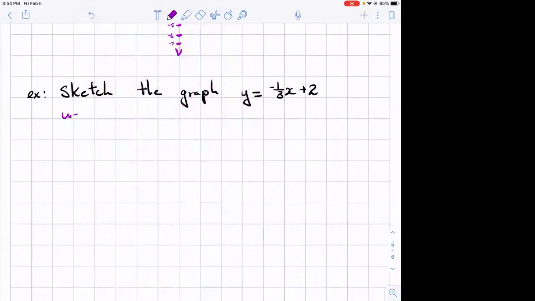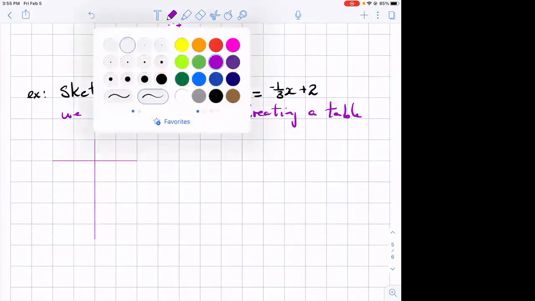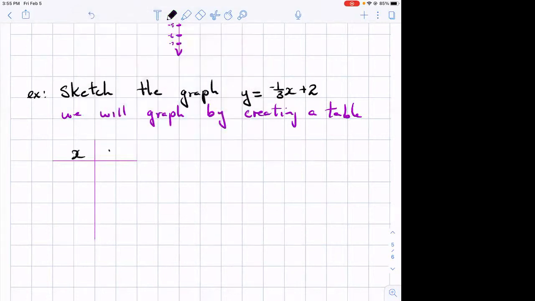So we will graph by creating a table. And the little trick here is the numbers you guess. Since we're dealing with fractions, choose multiples of 3.